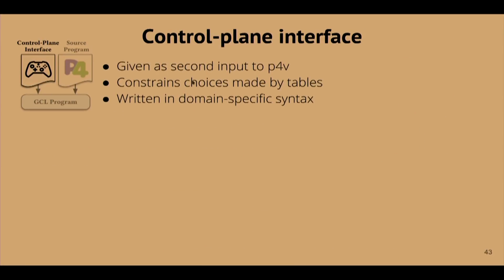We do this with control plane interfaces. These are given as a second input to P4V alongside the P4 program itself. Control plane interfaces contain annotations that constrain the choices made by tables. We write these annotations in a clean, domain-specific syntax.